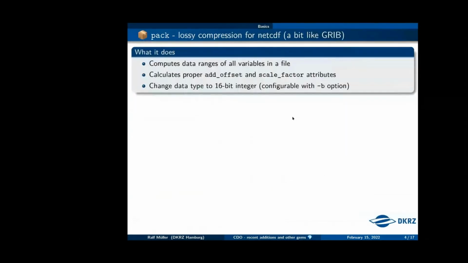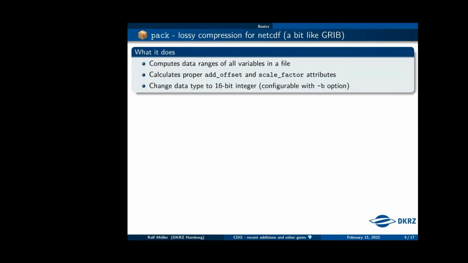Okay, the next operator is also an interesting one. It's an operator for doing compression on netcdf files. Not sure if you know about compression of grip files. There it's built into the standard, and netcdf as a file format has a similar approach to do this compression.